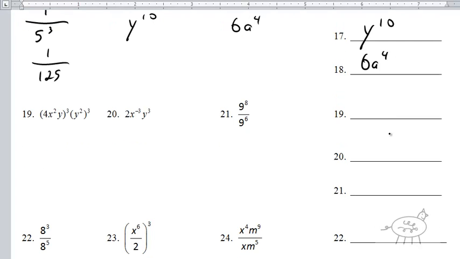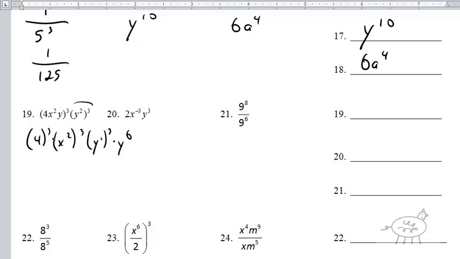Now this next one's a little bit more challenging because you have to deal with the parentheses first, and then we're going to multiply at the end. So basically we have 4 to the 3rd power, x squared to the 3rd power, y to the 1st to the 3rd power, times y squared cubed, so it's y to the 6th power.